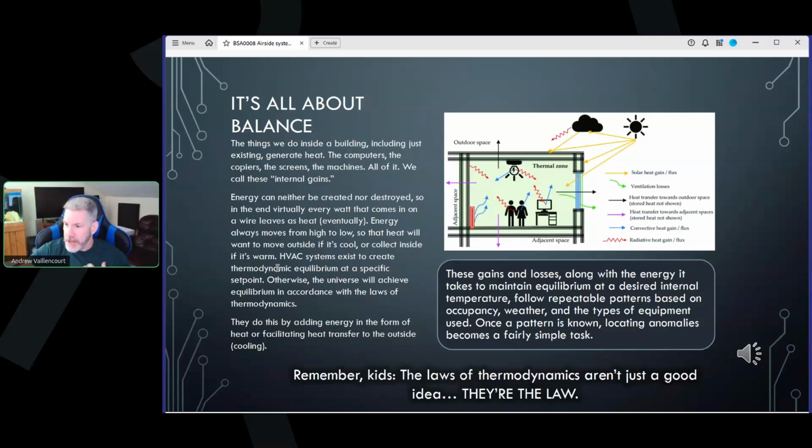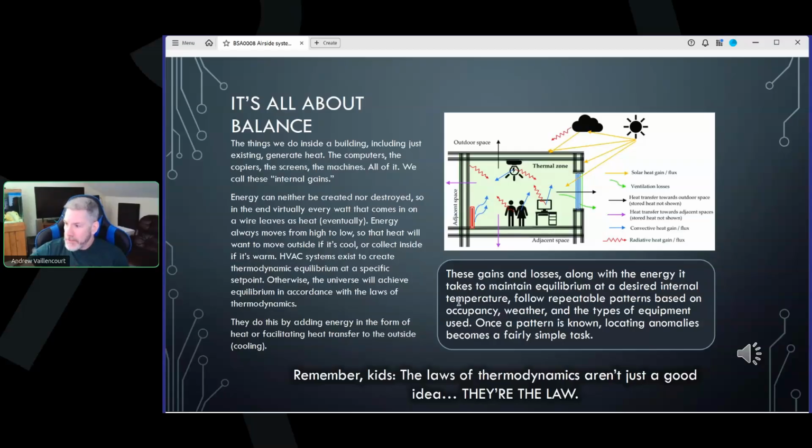Okay, your HVAC system, your airside system, is going to do this by adding or extracting energy from the air. That is the job of the airside system. When we add energy, it gets warmer. When we extract it, it gets cooler.